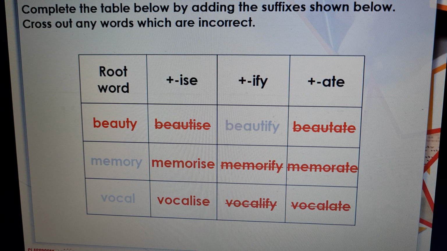If you find it's okay and you can do it, then go on to the next sheet upwards and challenge yourselves even further. Okay, so if you spend up to about 45 minutes on this lesson, use a dictionary where you need to, please. Please do not guess which is the correct suffix. It is important that you use your dictionary skills on this as well.